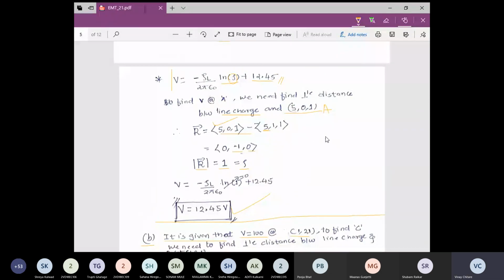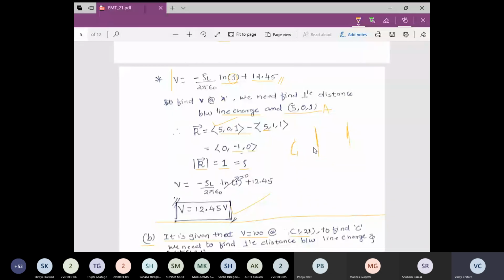Can anyone tell me it's a perpendicular distance between the line charge and which point in order to find C? As I told you, we need to find the perpendicular distance.